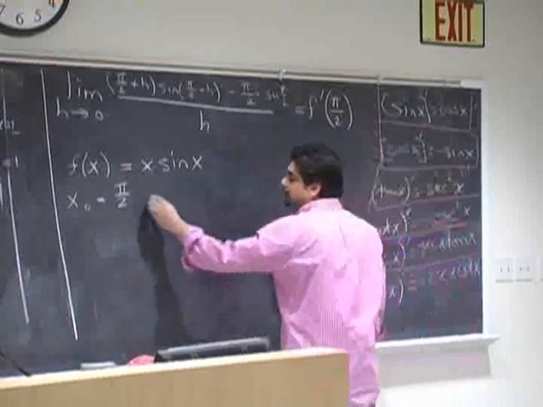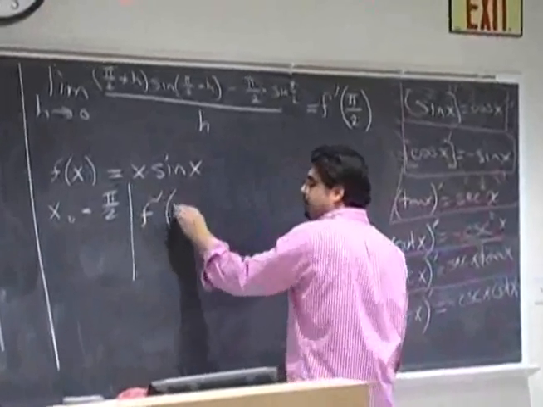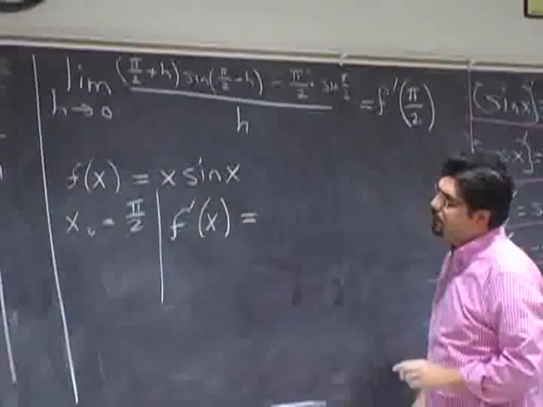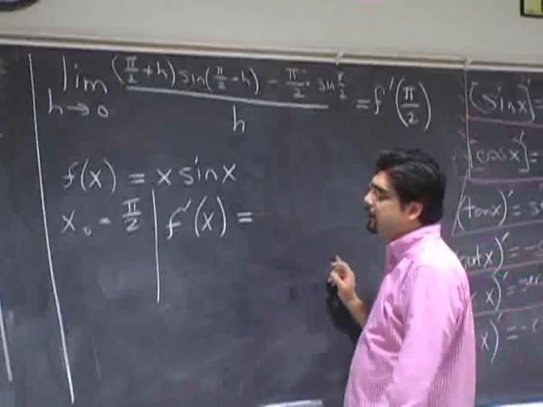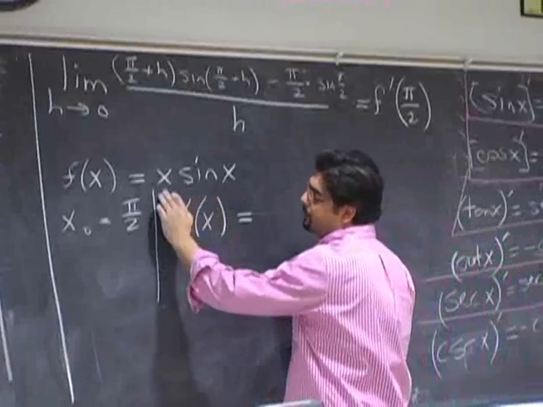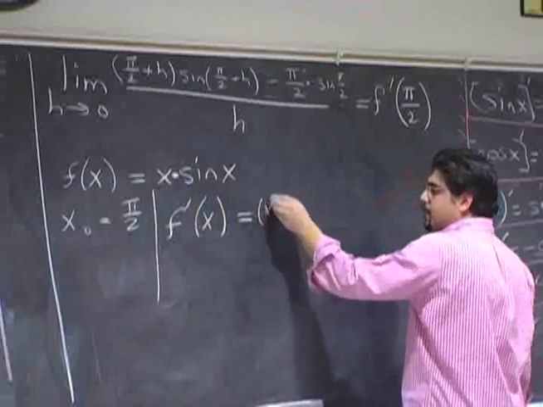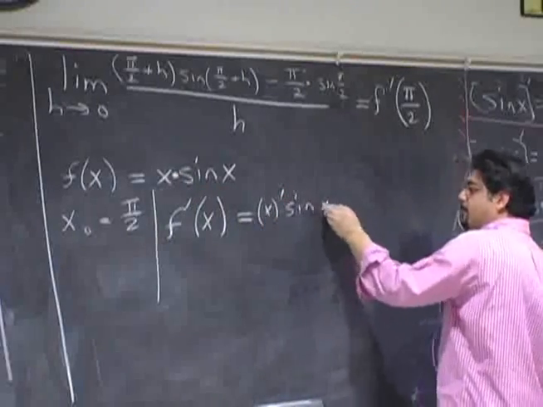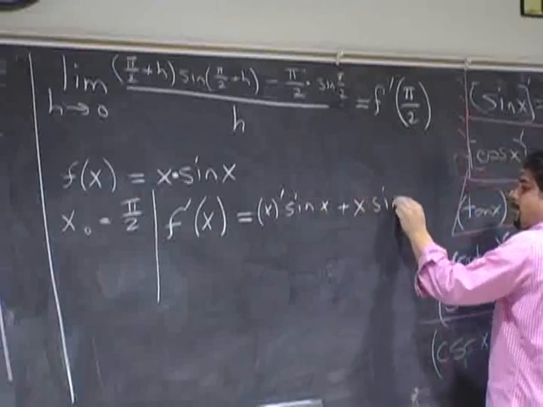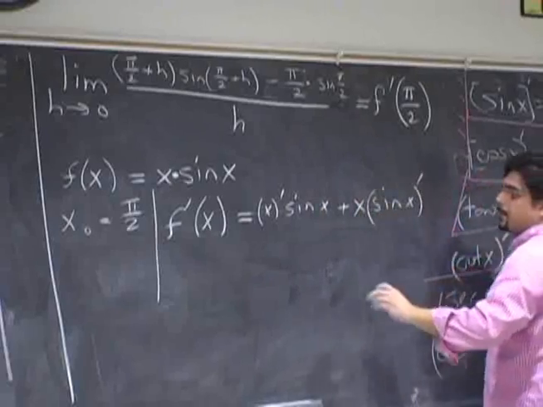So then, okay, well let's figure out what f prime is. Can we figure out f prime? Do we know enough? What type of function is that? It's a product, right? So that would be x prime sine x plus x sine x prime.